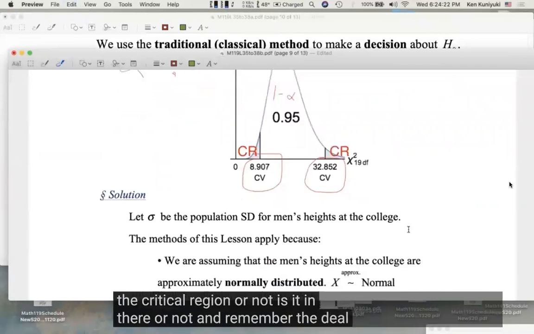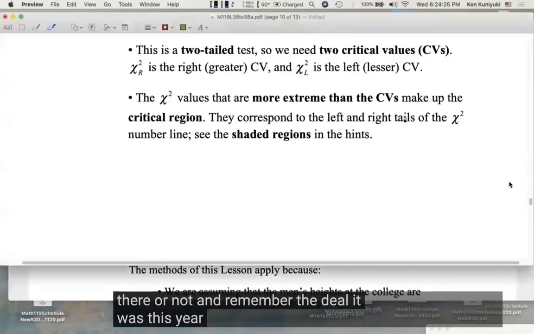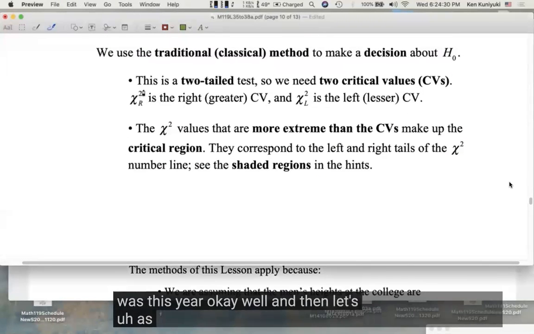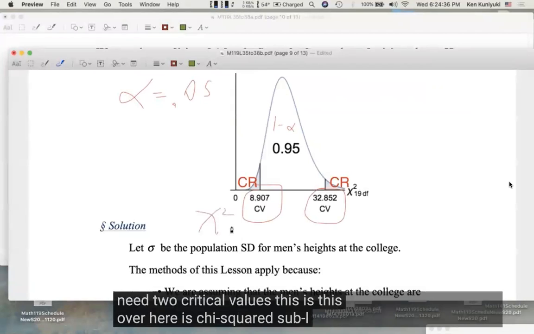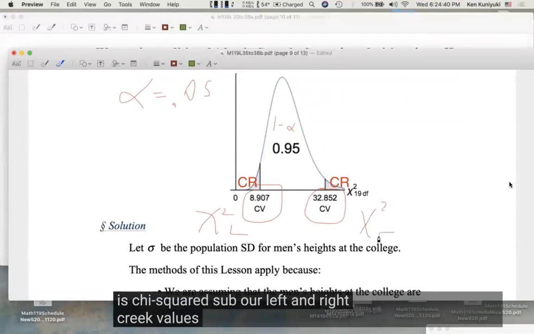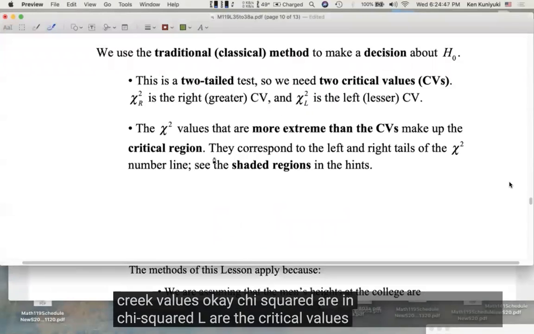As a reminder, for a two-tailed test we need 2 critical values. This is chi-squared sub L and this is chi-squared sub R, the left and right critical values.